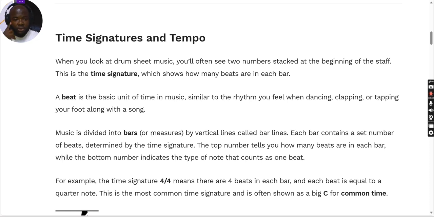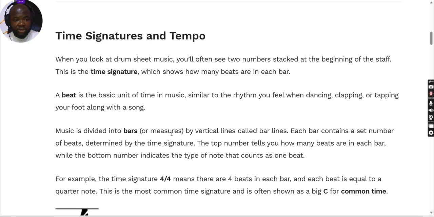You also need to understand how a time signature is noted on a piece. This is for all musicians who sight-play, not just for drummers.